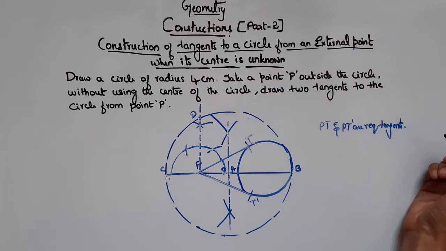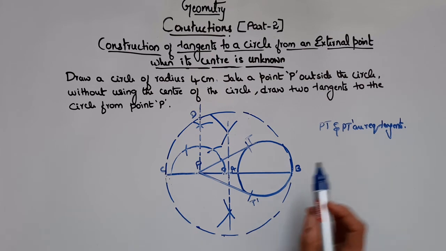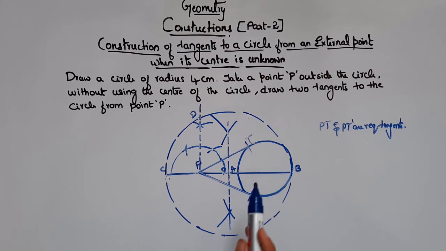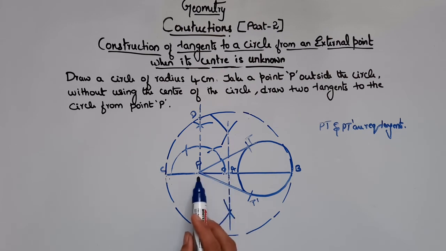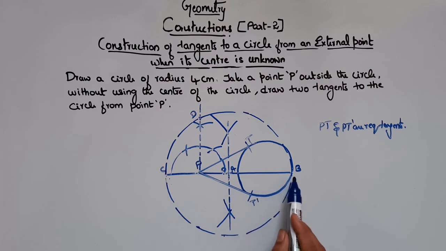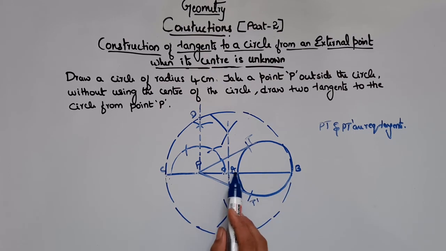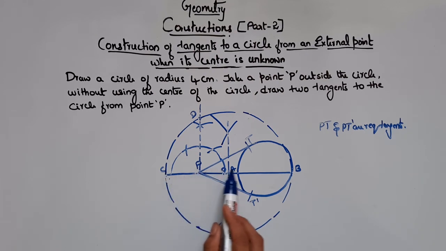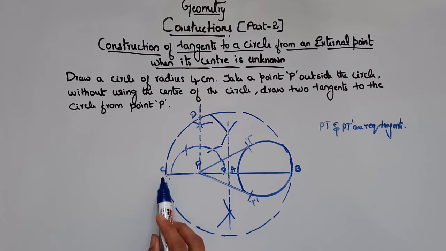I hope this is clear. So let me repeat. First you will draw a circle of given radius, and then you will take a point P outside the circle. Through point P you will draw a secant to this circle. Now you have to produce AP to meet point C such that PA is equal to PC, right?